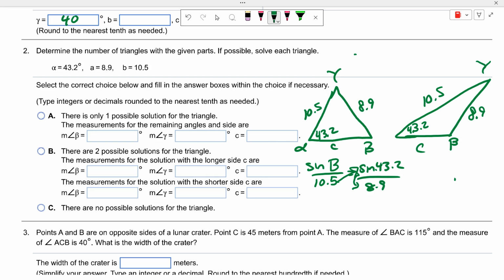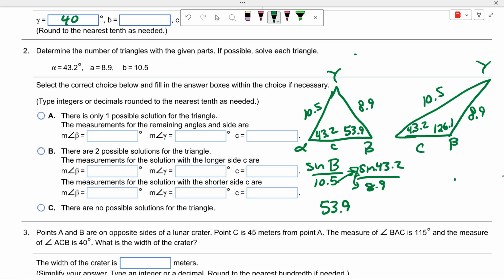So if we do inverse sine of the answer, second sine, second answer, what do we get? 53.9. So that makes this angle 53.9. And if you take 180 minus 53.9, you get 126.1.